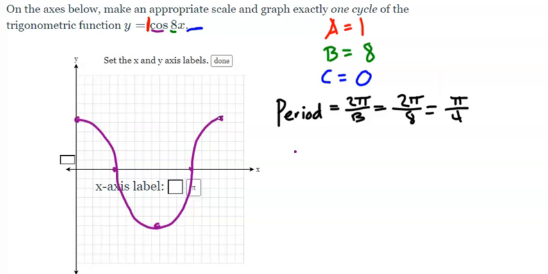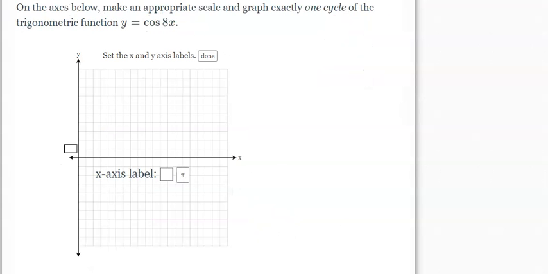So now that we have all the important pieces, we can go ahead and type this into our Delta Math example. So what we're going to do is we're going to put our x-axis label. We established that the period was pi over 4, so I'm going to put pi divided by 4.